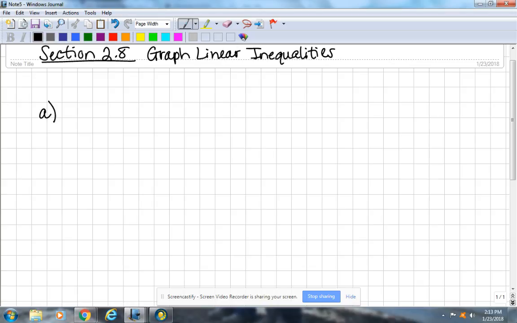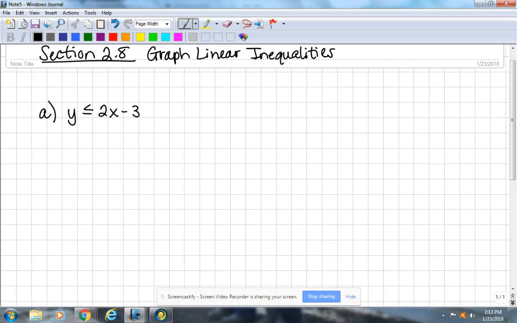So let's say, for example, we have y is less than or equal to 2x minus 3. The first thing we want to make sure of is it's in slope-intercept form, so it looks like y equals mx plus b, except obviously it's not going to have an equal sign because it's an inequality. Then it's ready to graph.